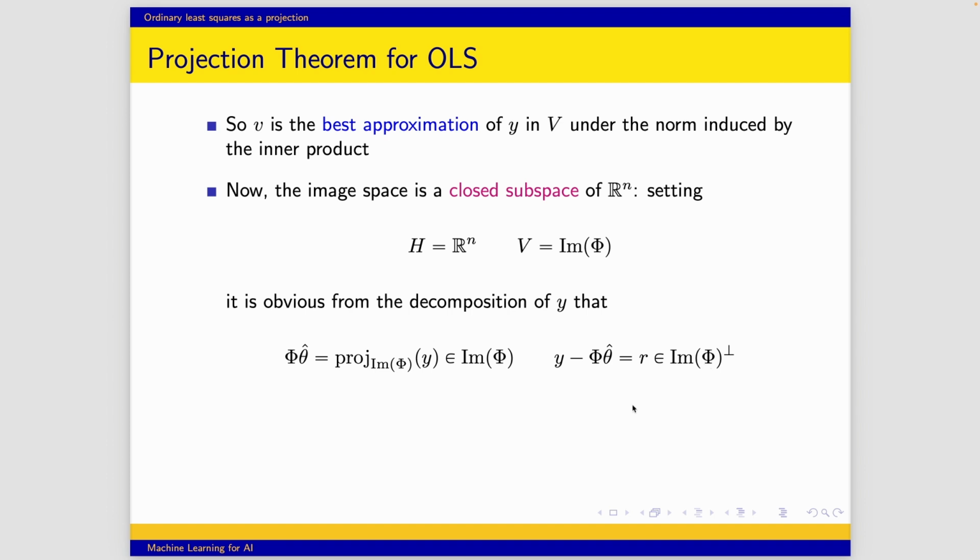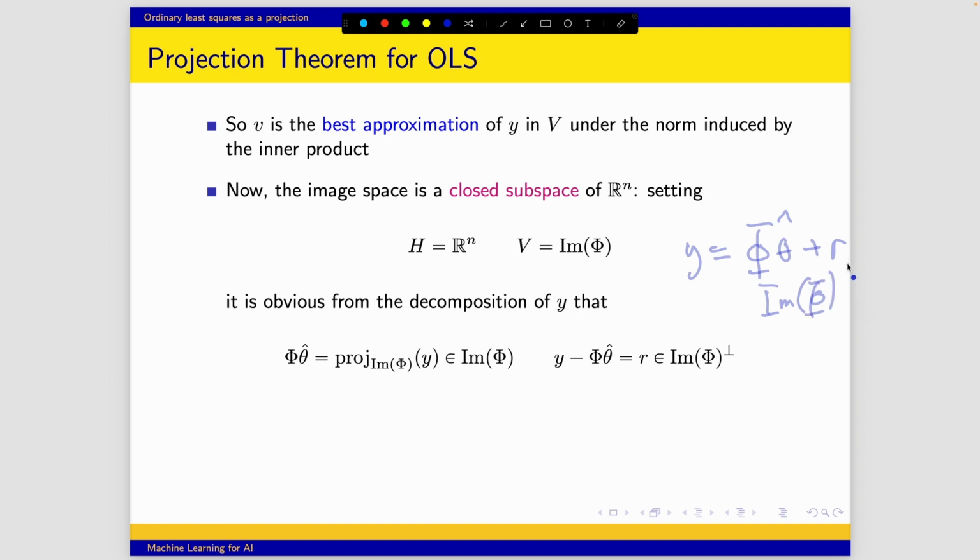Now, these are unique. This decomposition is unique. What we have done here is we've decomposed y into Phi theta hat plus r, where this lies in the image space of Phi, and this lies in the orthogonal complement of the image space of Phi.